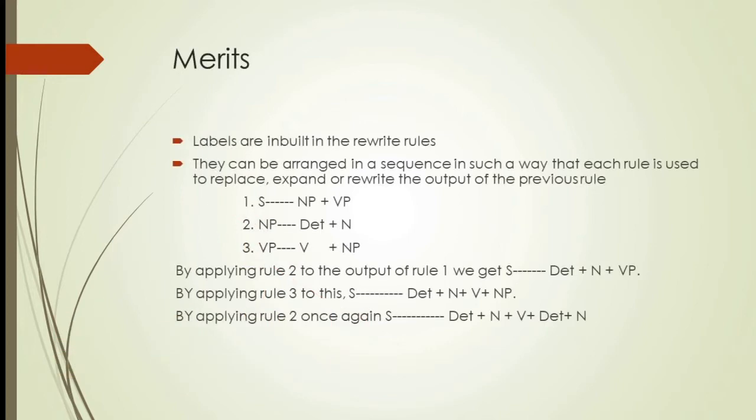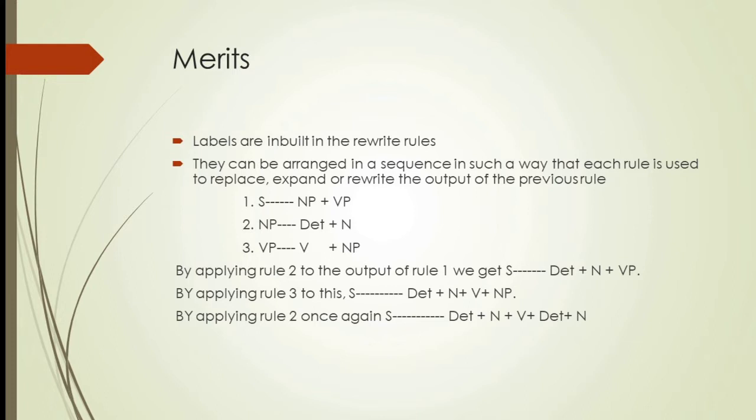So what are a few merits of writing in the form of PS rules? Even if you haven't drawn the tree diagram, by means of these PS rules, like sentence is divided into noun phrase and a verb phrase, in the noun phrase itself all the other labels are inbuilt.